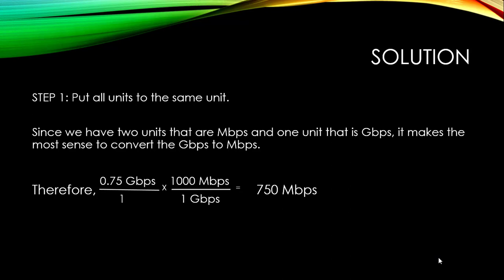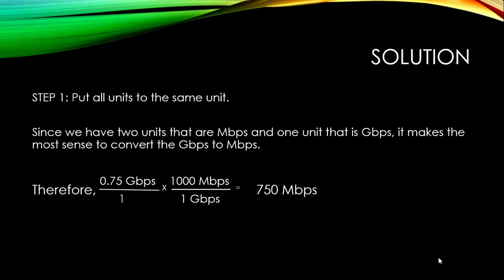So once again, for our problem, we have two that are in megabits per second and one that is in gigabits per second. And so it will make the most sense to convert the gigabits per second to megabits per second. So we set our problem up. We have the 0.75 gigabits per second over 1. We're going to multiply that by our conversion factor of 1 gigabit per second to every 1,000 megabits per second.